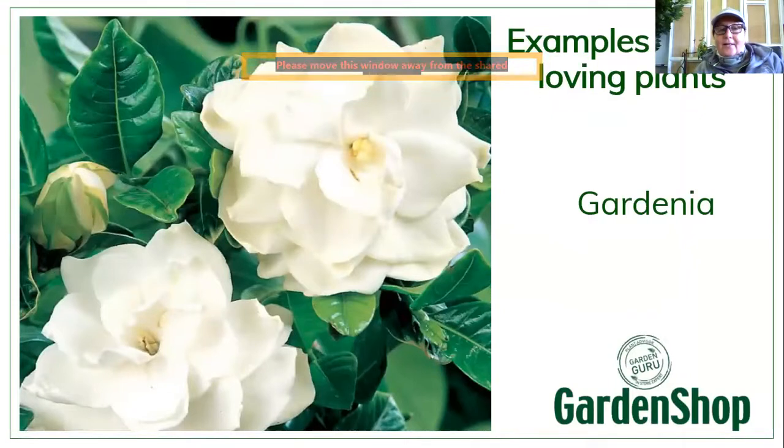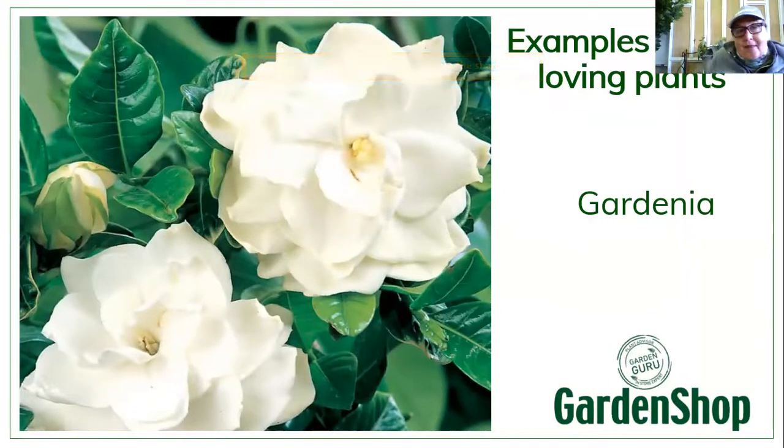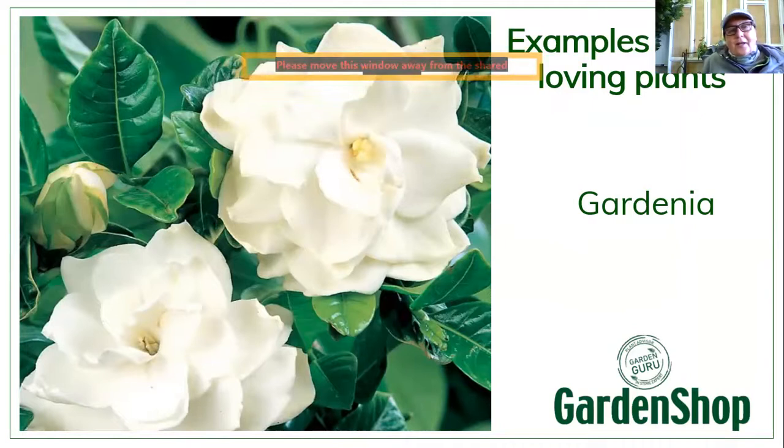The next thing on my list is gardenias, and again, very, very many varieties of gardenias available. What makes it so magnificent is the absolute beautiful scent of the flower, and also the longevity of the flower.